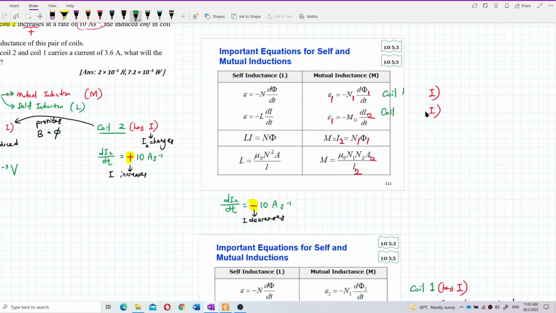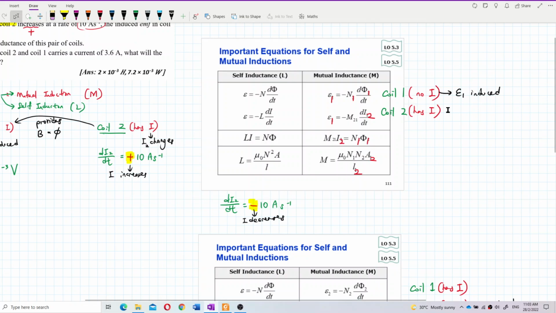We have coil 1 and coil 2. Coil 1 has no current. Coil 2 has current. So EMF is induced in coil 1.